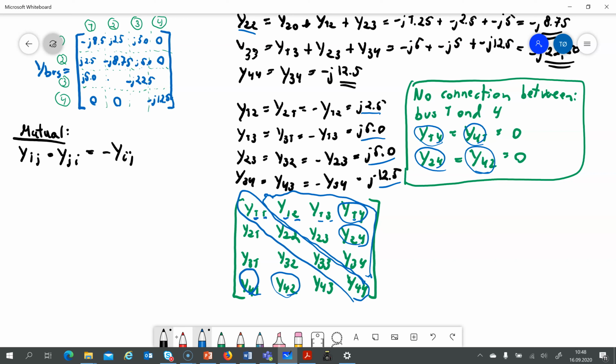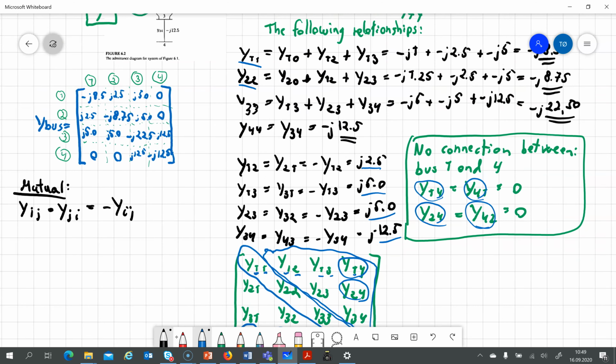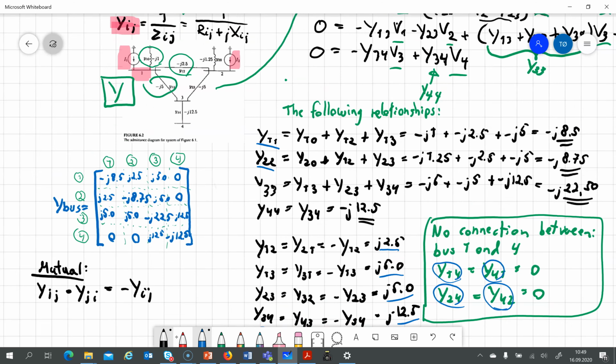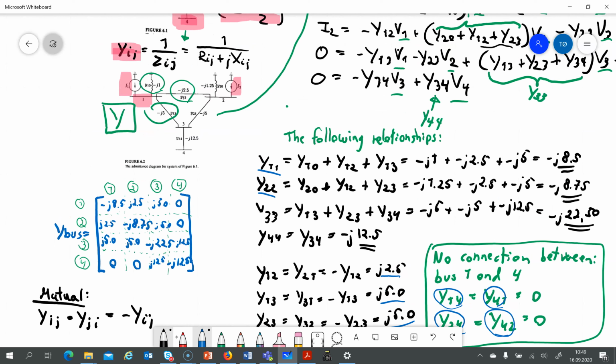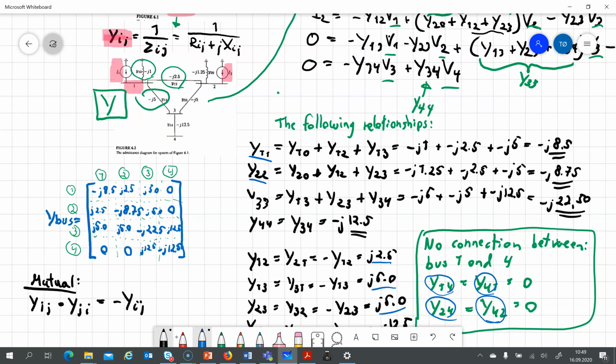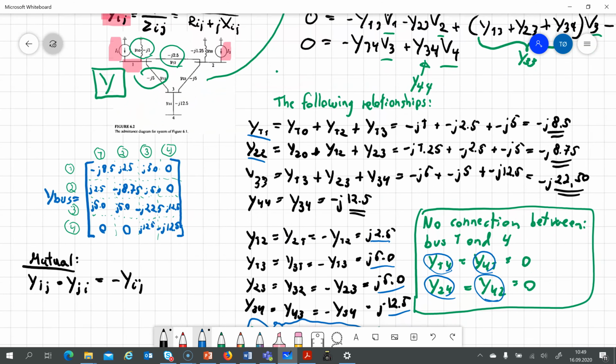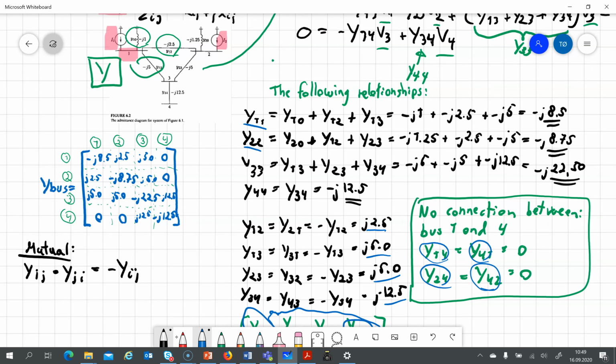Then 5.0, and 12.5, 12.5. Yeah, like this. So we have now finally developed this Ybus matrix for this small diagram, as you can see here. So this is a very neat and okay way to get this done.